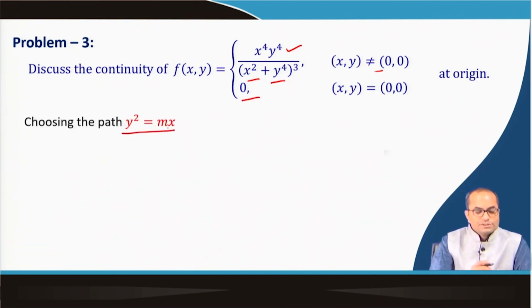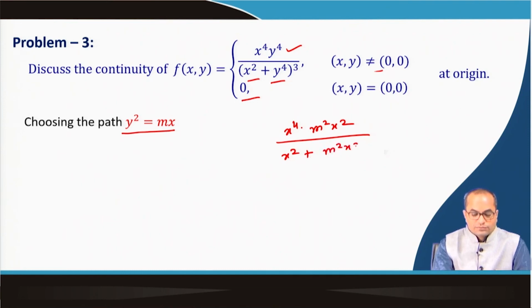Here if we choose y² = mx, what will happen? Let us see. We have x⁴, and then y² whole squared, that means m²x² term, and in the denominator x² and y⁴ means m²x² term again, and power 3.